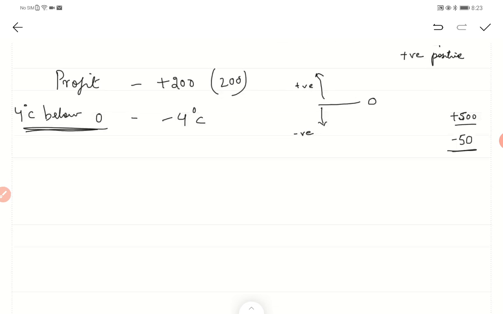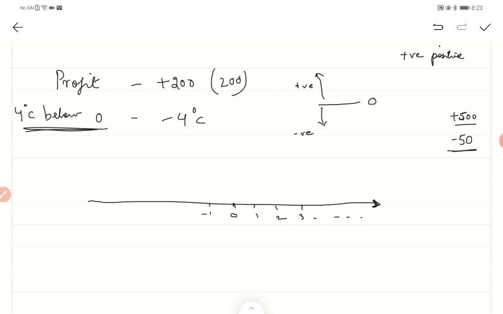In the last class I showed you how to draw the number line of your integers. In the middle you will have 0, 1, 2, 3 and so on, with an arrow mark to represent that it goes till infinity.